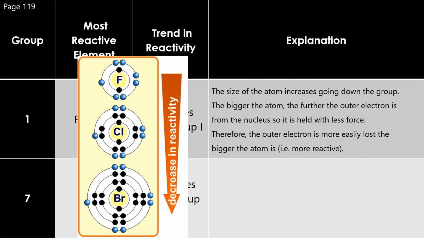But look at bromine. There's 4 shells in between bromine and the outside world. So there's a lot in the way to kind of counteract this attraction. So bromine has less of a force of attraction to attract new electrons in. So it's like a magnet that's further away.